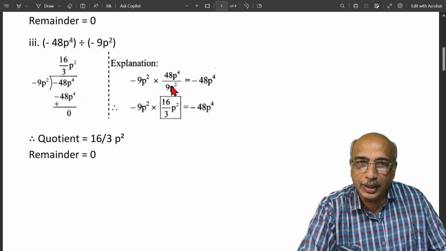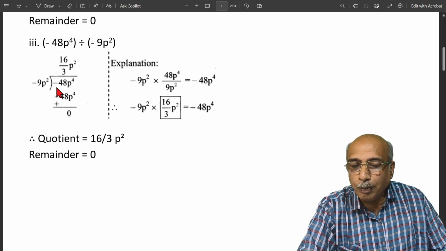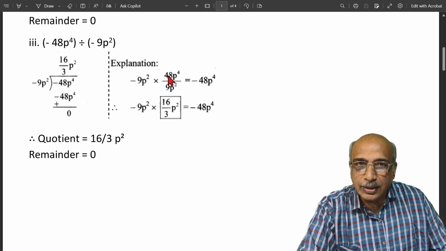these terms will get cancelled here, cross multiplication. Numerator and denominator, it will get cancelled. What is left will be minus, because these are positive term, this is negative term. So minus 48p raised to power 4 will be the answer. So minus 9p square into, simplify this, 3 3s are 9, 3 16s are 48.